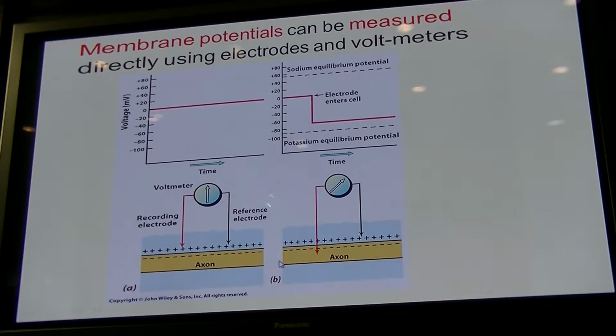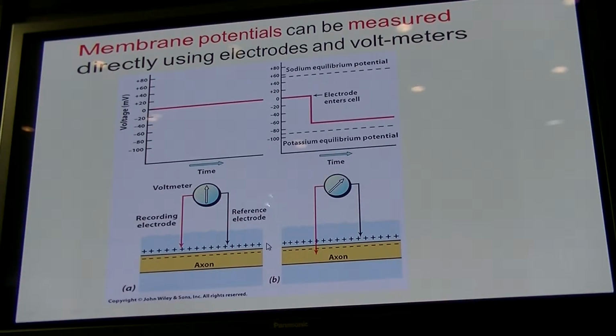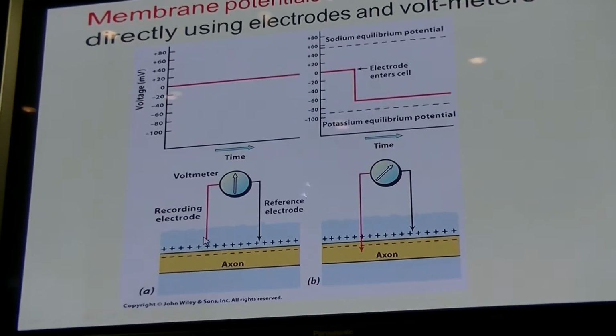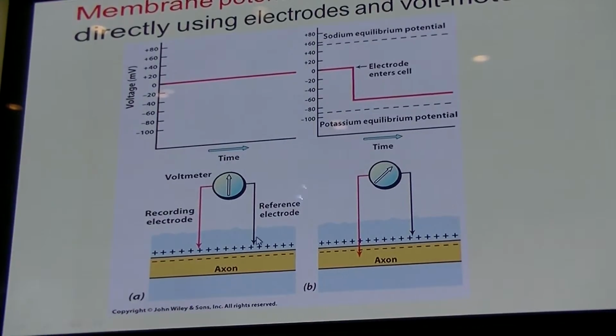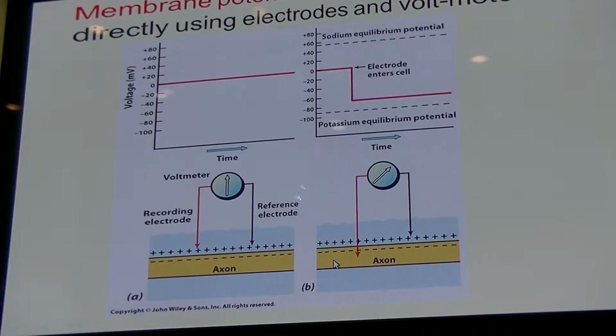So, let's imagine here we have a cell, an axon, and there are certain animals, such as squid, which have very big axons. So they're kind of big. You can punch a needle in there. You can punch an electrode in. So you have one voltmeter and you just put it in the area close to the cell and another electrode, and that's your reference point.